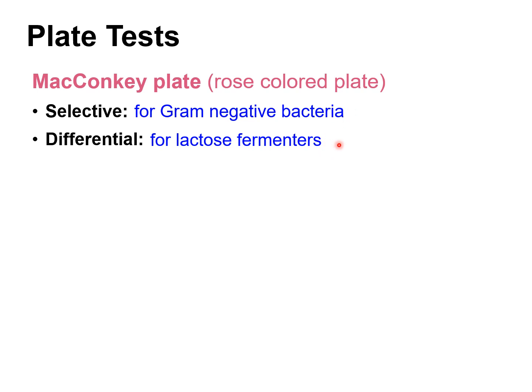So notice how you can do two tests that would tell you kind of the same information. You can do the EMB test and you can do the MacConkey test. The MacConkey test is also going to help you differentiate lactose fermenters from those that cannot, but the colors are going to be different.